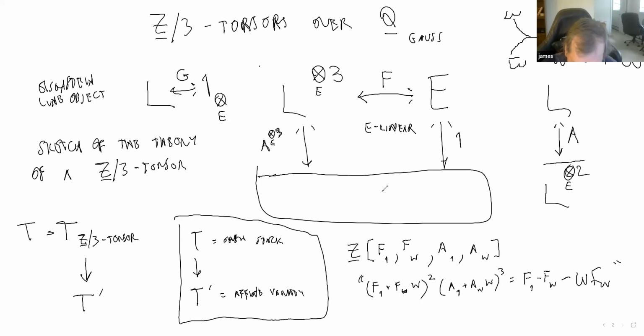So it really sounds like I am claiming that this orbit stack, so take this affine variety and then think about the orbit stack with respect to that relevant group, that orbit stack really is like this model, this internal hom that we were talking about.